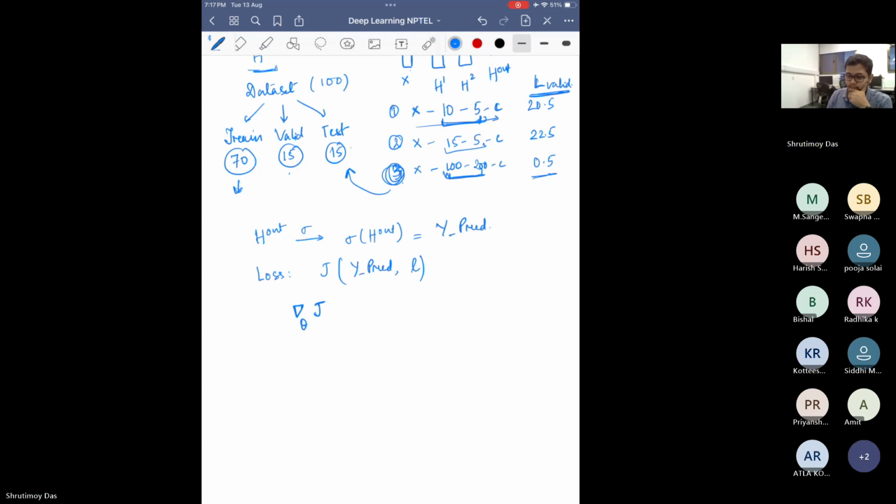Okay, fine. Before going to back propagation, suppose I give you this function, f of x equals sine of e to the x.